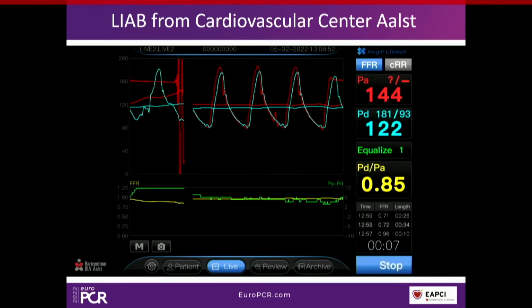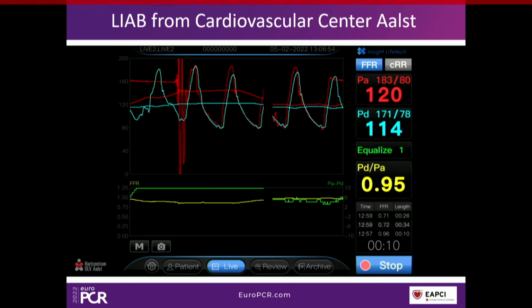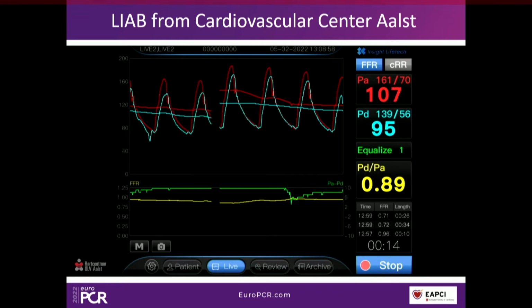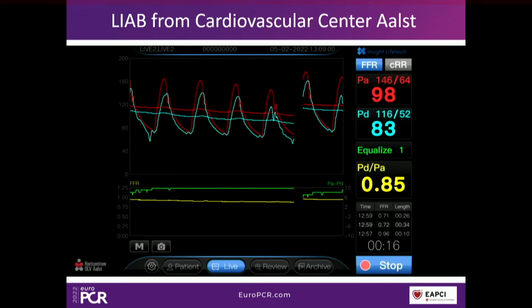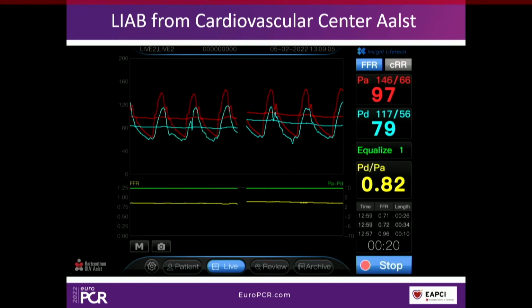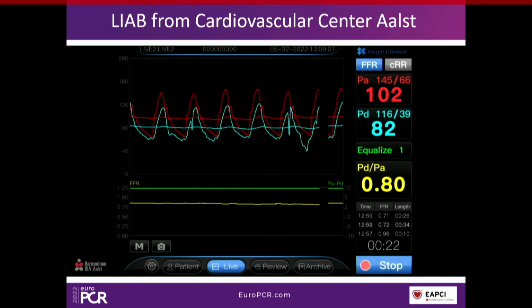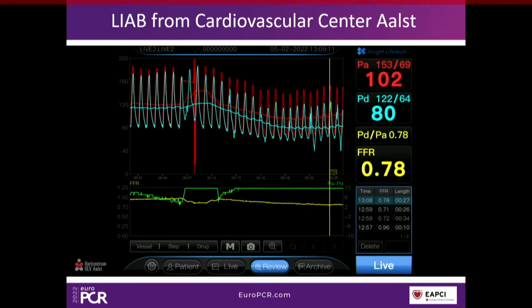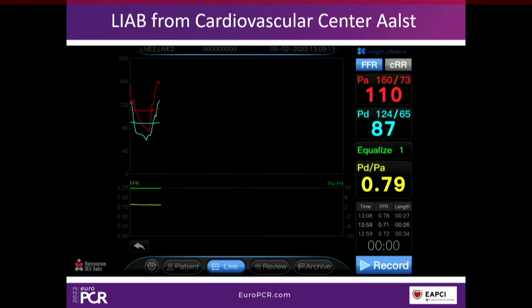Top. Still some residual disease, Jeroen, 0.82, 0.83. Why don't we localize this disease? We will localize it. So stop, live, and we will perform a pullback record.